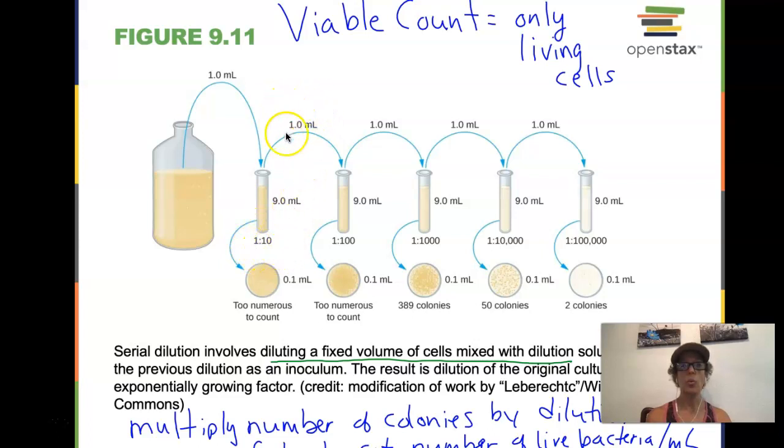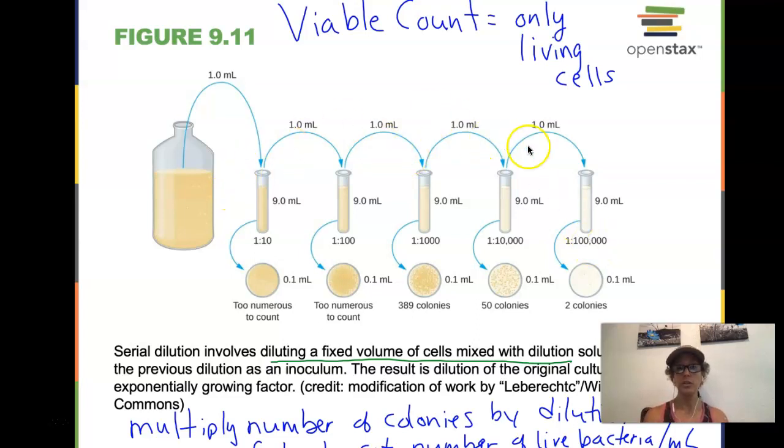If we take 1 milliliter from a 1 to 10 dilution and dilute it 1 to 10, we get a 1 to 100. And we could keep doing that with only 1, 2, 3, 4 transfers. We get a 1 to 100,000 dilution.